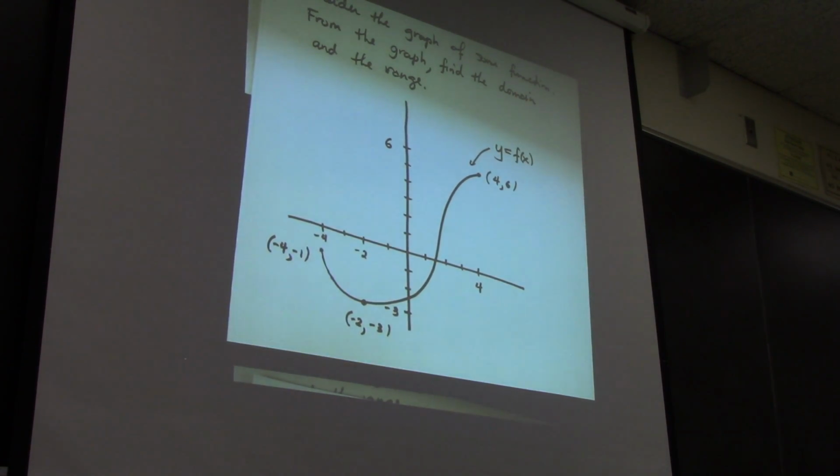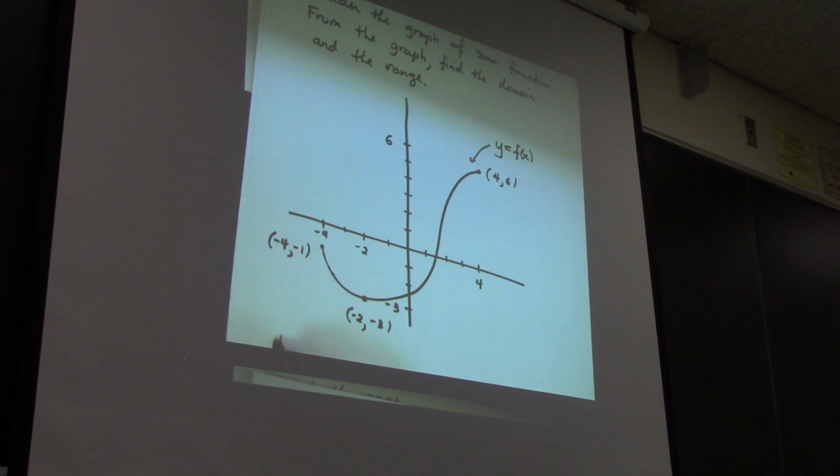Now, when I have a function f from a set x to a set y, and I want to find the domain of the function, which set is that? The domain of a function is the set of x values.